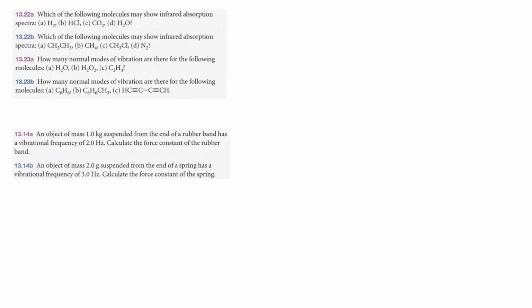Okay, so actually the question will come after some time, but can you tell me how many normal modes of vibrations are associated with CO2? For a linear molecule it is 3n minus 5, and 3n minus 6 for a non-linear molecule.